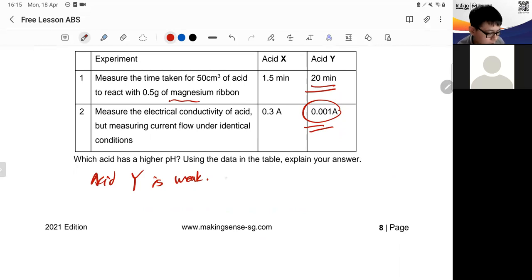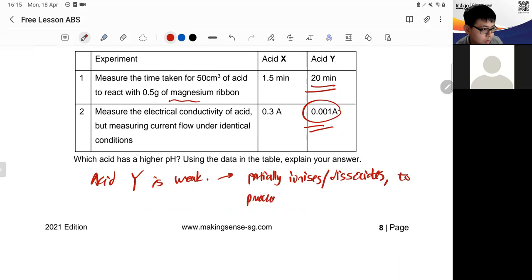So let's say, okay, partially ionizes or dissociates. Let me write it out. Dissociates to produce a low concentration of ions, which act as mobile charge carriers.